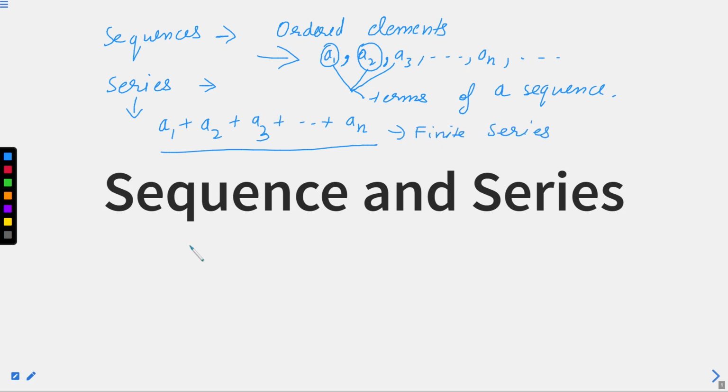If the sequence goes on forever, a1, a2 and so on, and I try to add all the terms, then this series is an infinite series.